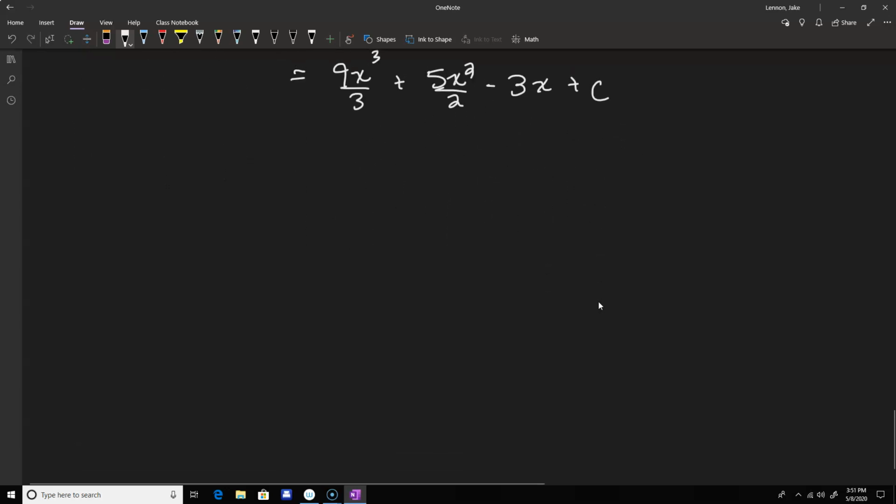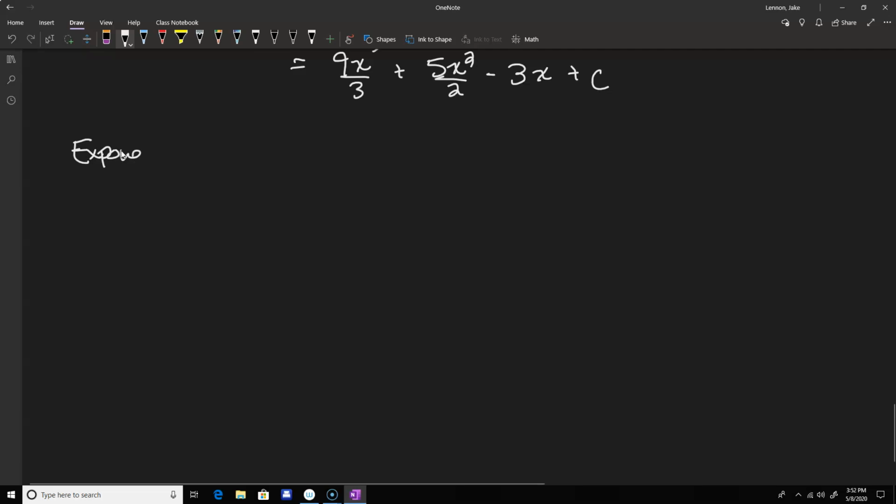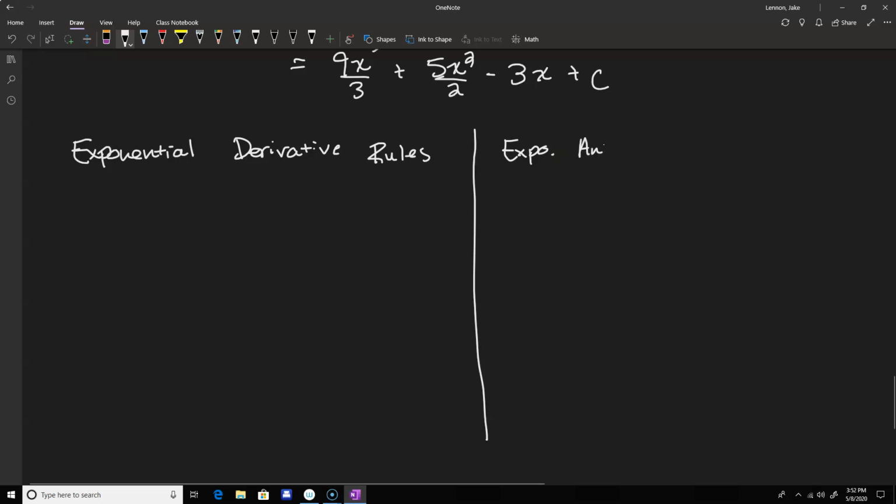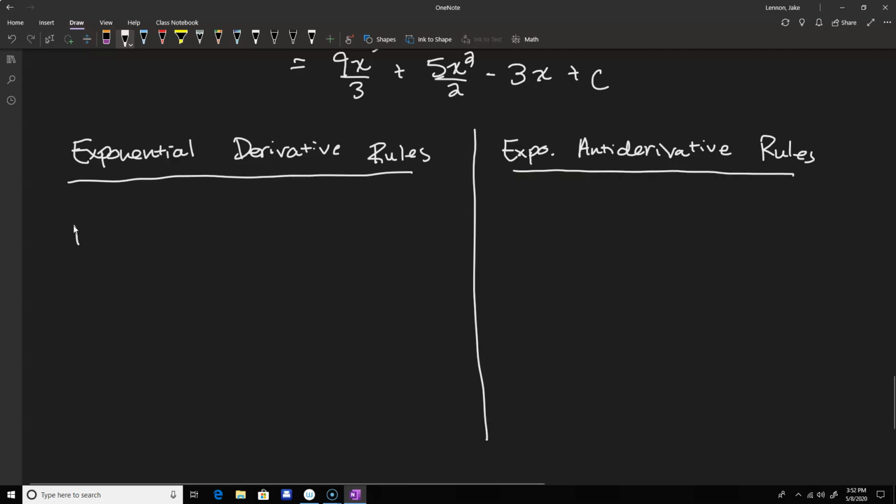Okay, so let's think about the other functions that we've had previously. So let's look at exponential functions. So the exponential derivative rules. And then we'll kind of reverse the process and get the exponential antiderivative rules. So for the exponential derivatives, we have a few rules.